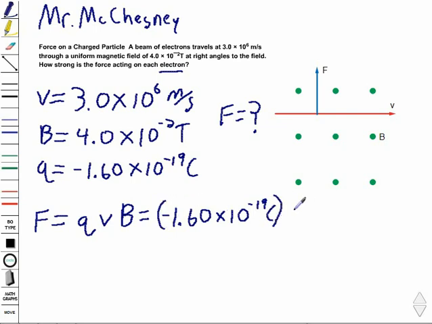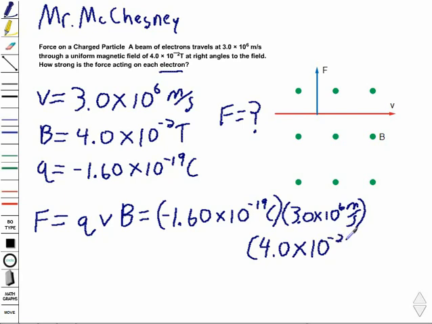We're going to multiply that by the speed of our particle, 3.0 times 10 to the 6 meters per second. And then we're going to multiply that by the strength of my magnetic field, 4.0 times 10 to the negative 2 Teslas.